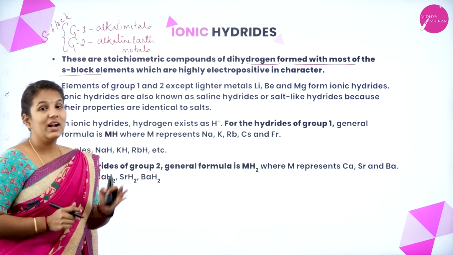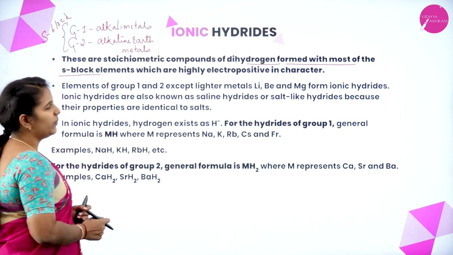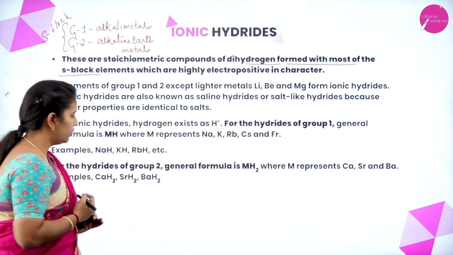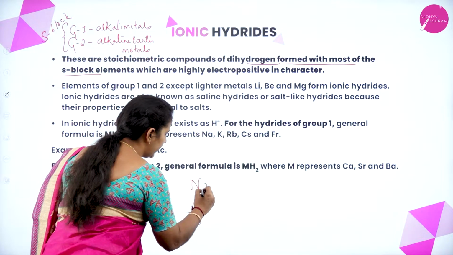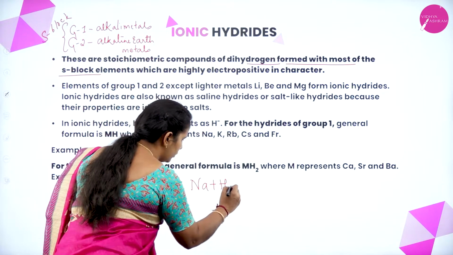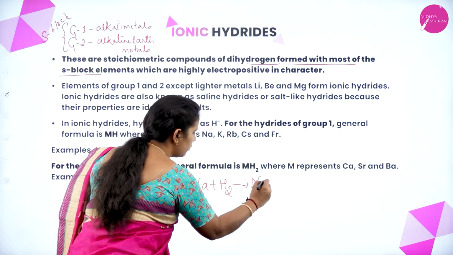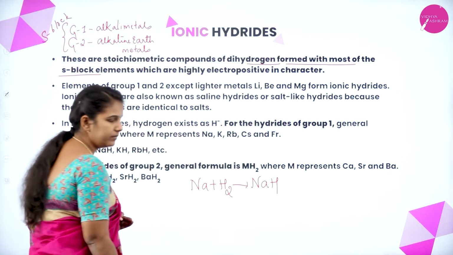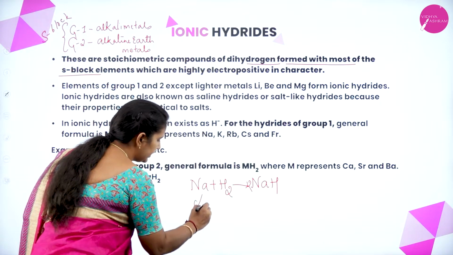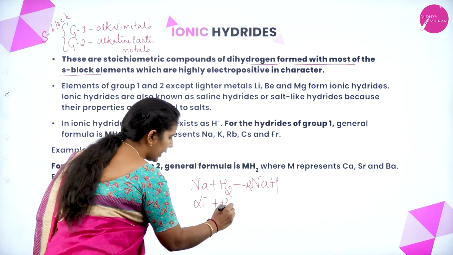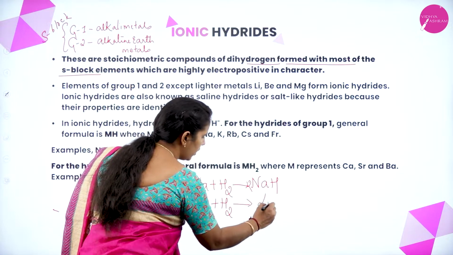Correct? When dihydrogen reacts with alkali metals, the best example is sodium reacting with dihydrogen, it forms what? Sodium hydride. Okay? Similarly, when lithium reacts with dihydrogen, it forms what?